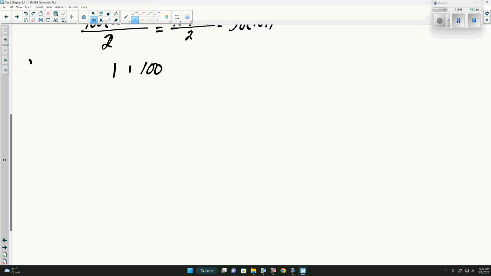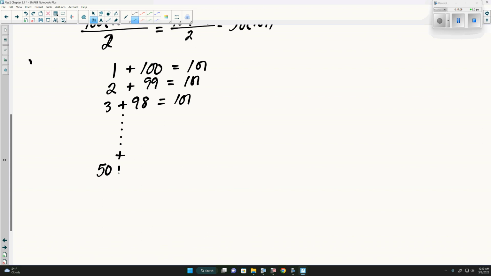Because what is 1 plus 100? 101. The next number after 1 is 2. And 99 is? Because if I fold it in half, we have 1 and 100, 2 and 99, 3 and 98, and it would continue this pattern all the way up to 50 and 51.